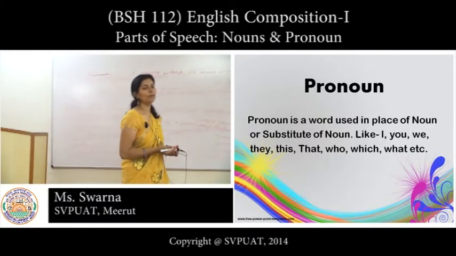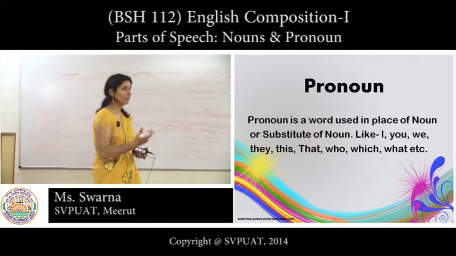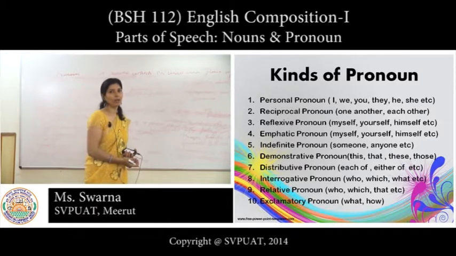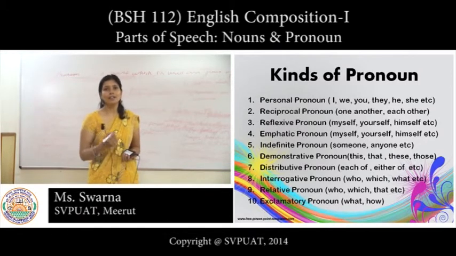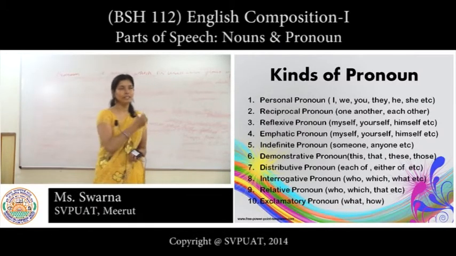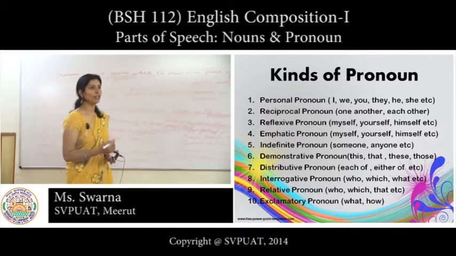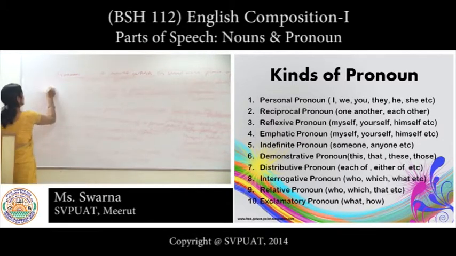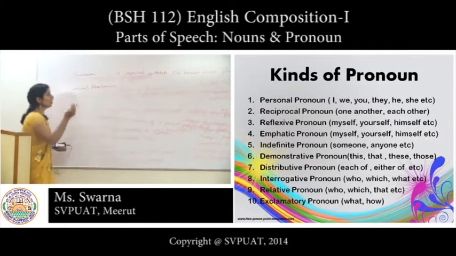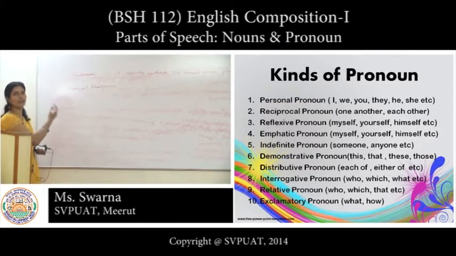There is no limitation on the types of pronoun. In some books there are 8 types of pronoun, and in some books there are 9 types. So these are the types of pronoun which are used. First one is personal pronoun. Most of you are aware of this particular type.